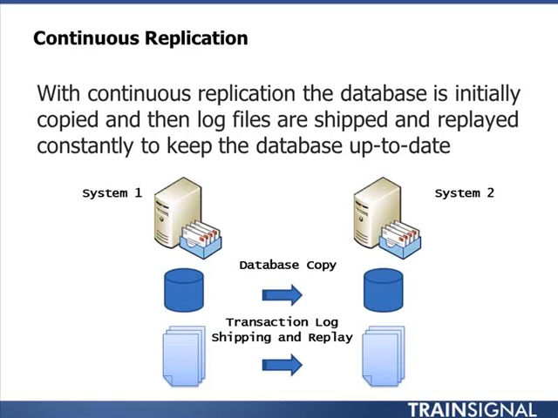Now you might be thinking, well, does any of that content get lost in the process? Yes, it is possible for the two databases not to be exactly in sync, especially depending on when the system goes down and what email might be in transit during that time. But there are features in place that are designed to mitigate that so that as little data as possible is lost should System 1 go down.